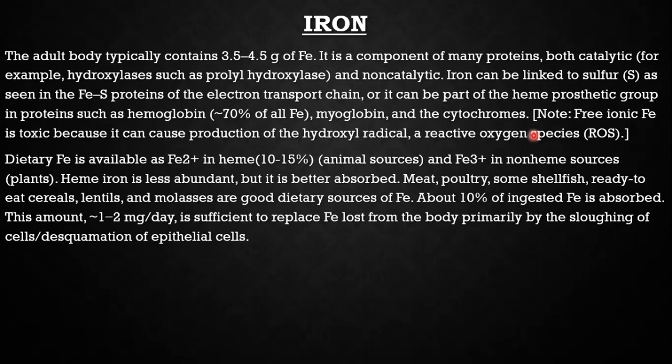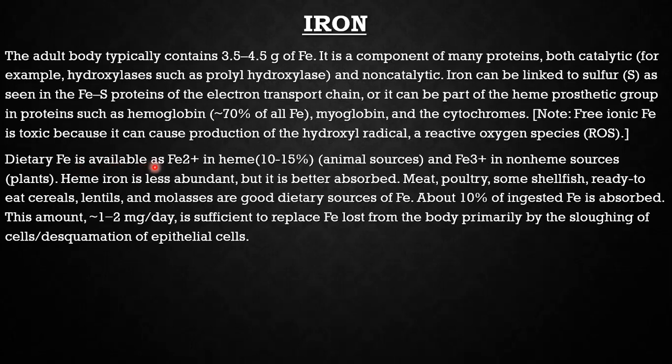And remember, reactive oxygen species usually carry out peroxidation of the polyunsaturated fatty acids on the plasma membrane, which can lead to cell damage. In fact, reactive oxygen species have been stated to be one of the causative agents of aging.